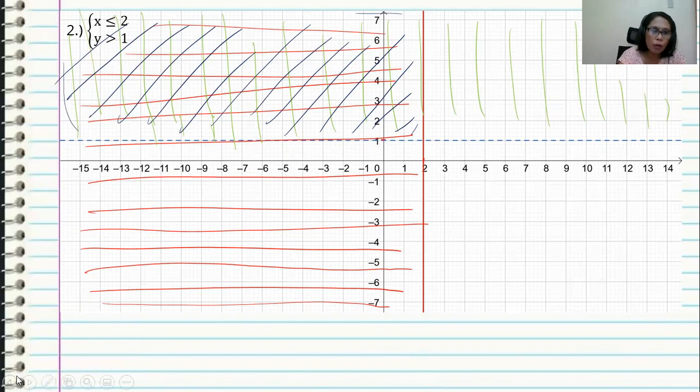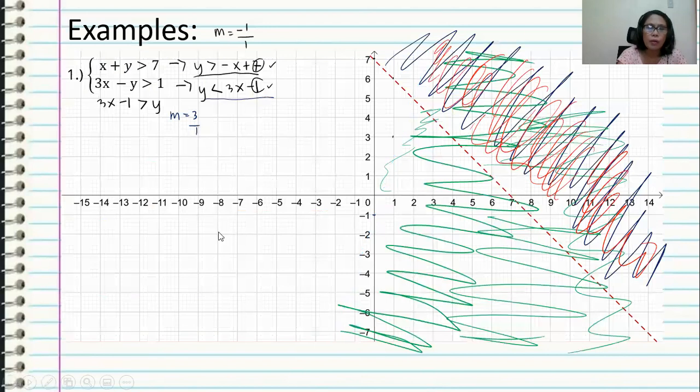Oh, by the way, let's go back to the first example there. Now, from the overlapping region, if we're going to select any points, it should satisfy both inequalities. Like if we're going to select here, 8, 0, so 8, 0 must satisfy both inequalities. So as we substitute 8 to x and 0 to y, we have 8 plus 0 is greater than 7.